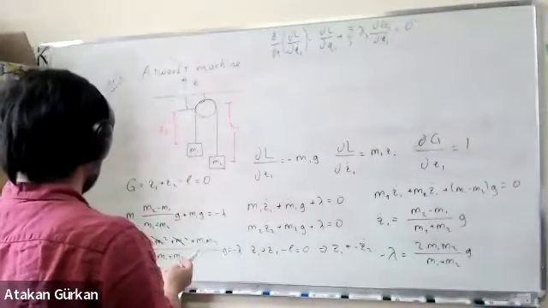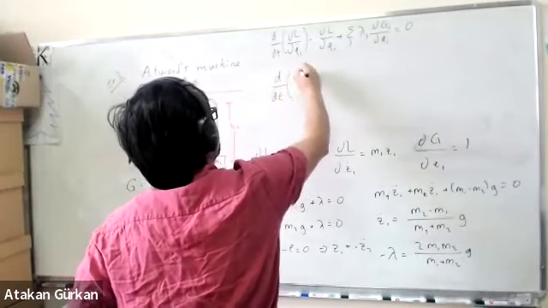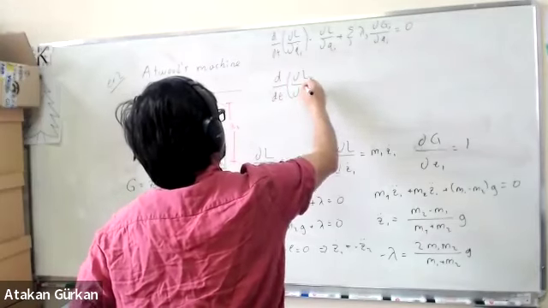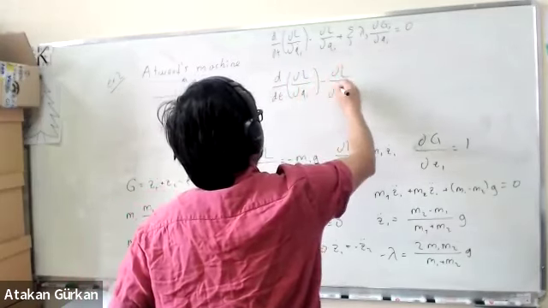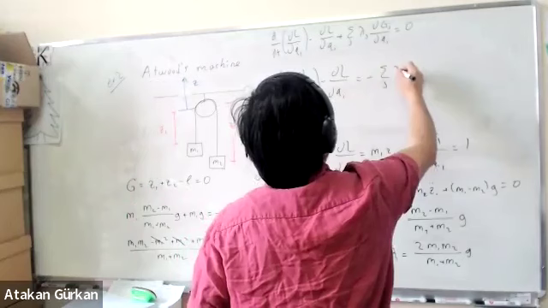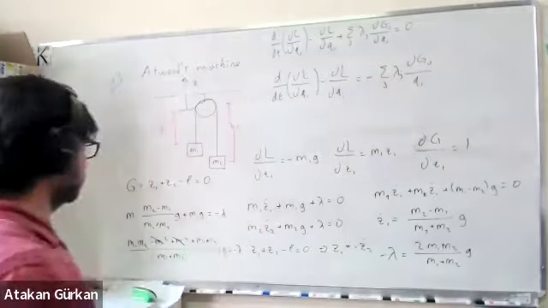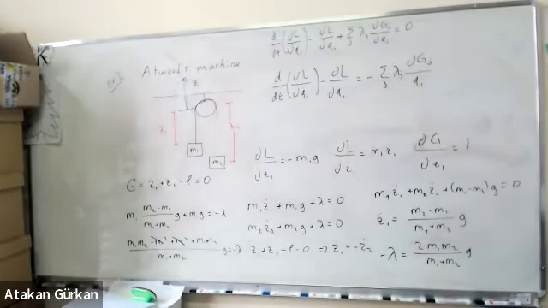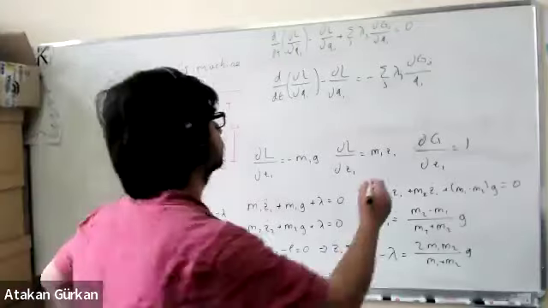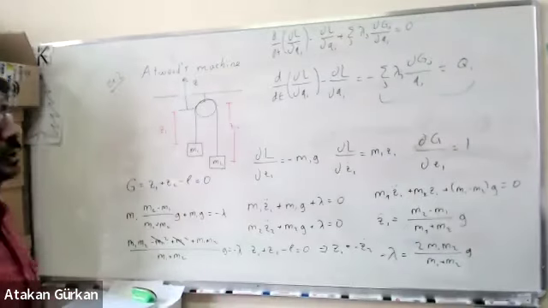We already wrote an expression that looks like this: d by dt del L by del Qi dot minus del L by del Qi is minus sum over j's lambda j del f j over del Qi. You've already seen an expression like this. So this is equal to what? Generalized force. It's the generalized force. Very good. Okay, so this is how you get from your lambda your generalized force.